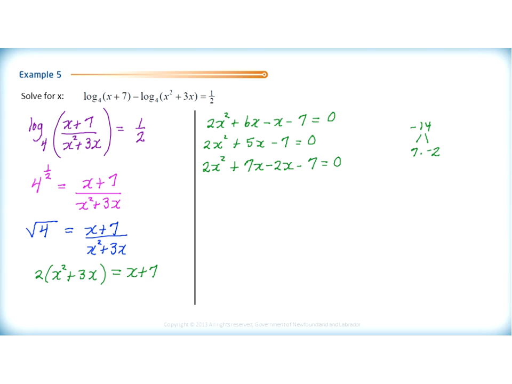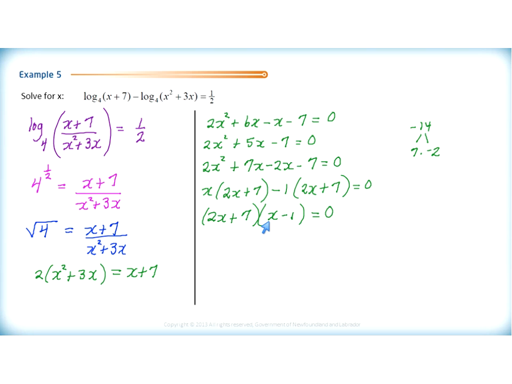Removing the greatest common factor from the first two terms, we have x outside of 2x plus 7, minus 1 is the greatest common factor outside of the last two terms, so it's minus 1 outside of 2x plus 7 to equal 0. So we have the factors as 2x plus 7 multiplied by x minus 1 is equal to 0.